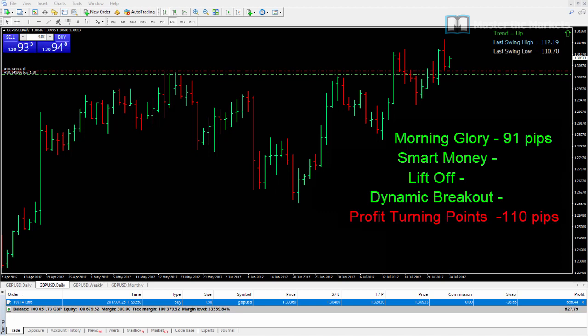PTP, we had a minus 110 pips, and finally money bars, minus 88 pips. So we do a total reconcile over here, and what we have is minus 107 pips for this week.